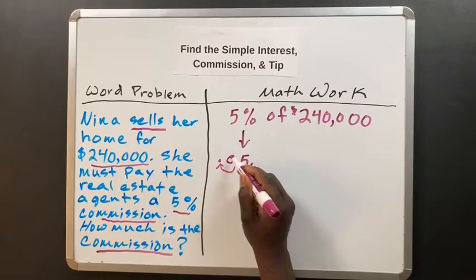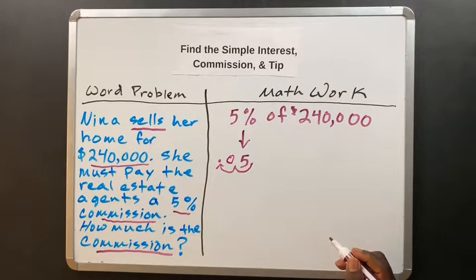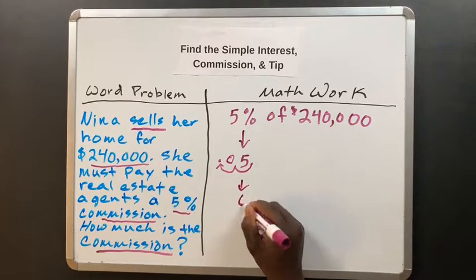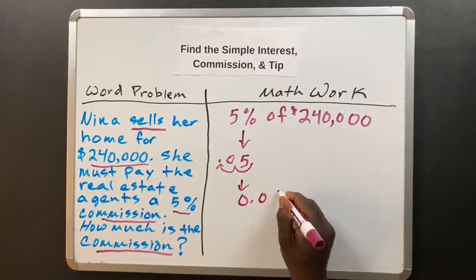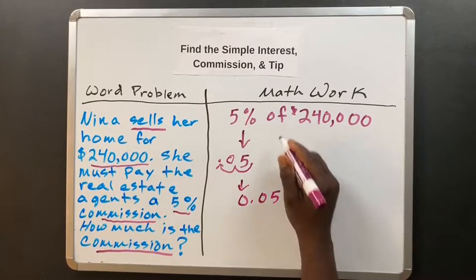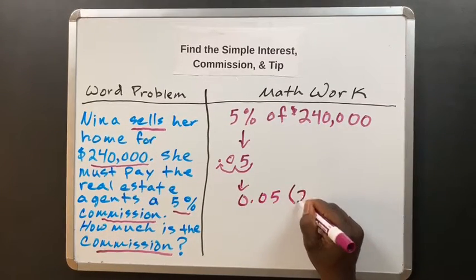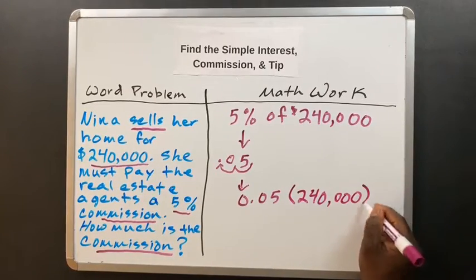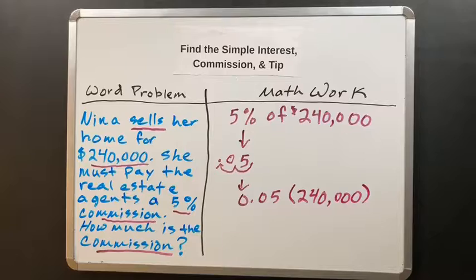And then we're going to put a 0 right there. So then it becomes 0.05. We said of means times 240,000. And I'm going to put an equal sign right there.